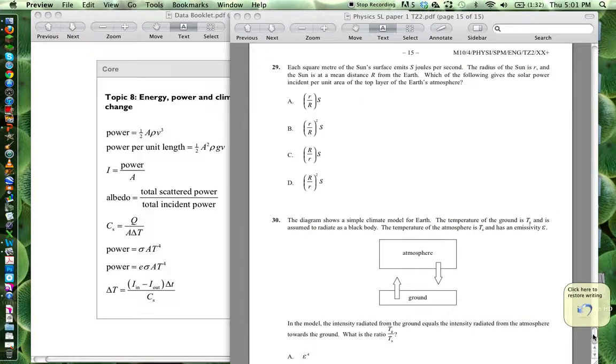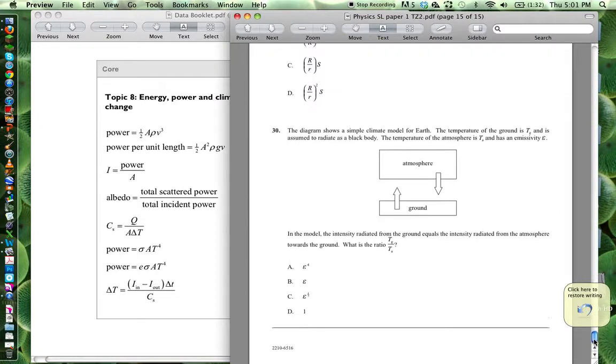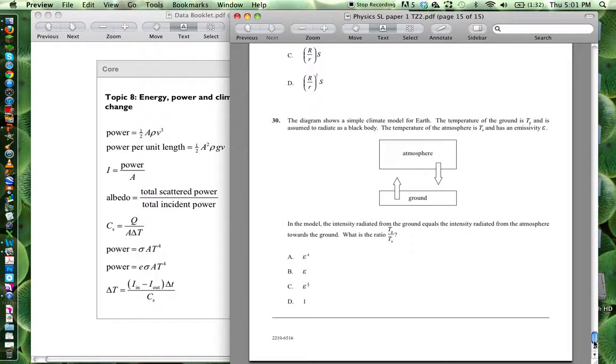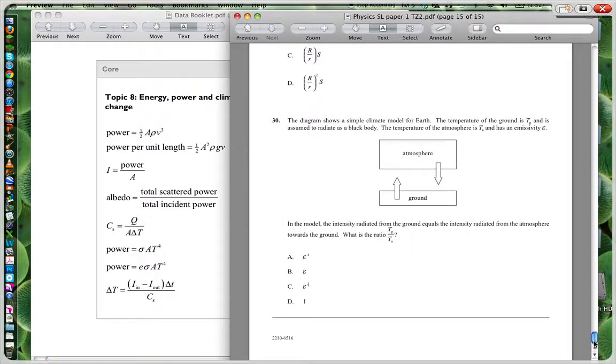And then moving on to our final question here. And here we're going to need to use some of our formulas that we'll look at. So it says the diagram shows a simple climate model for Earth. The temperature of the ground is given as Tg, and it is assumed to radiate as a black body.